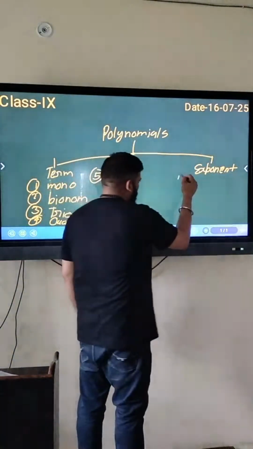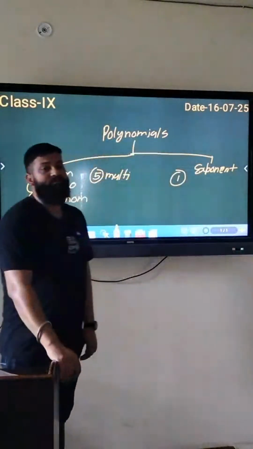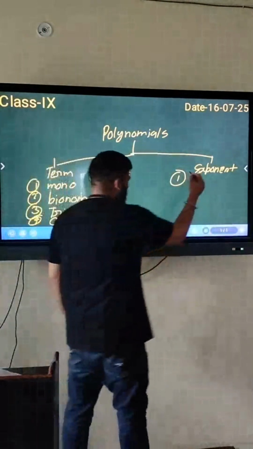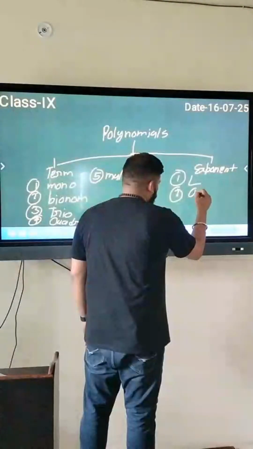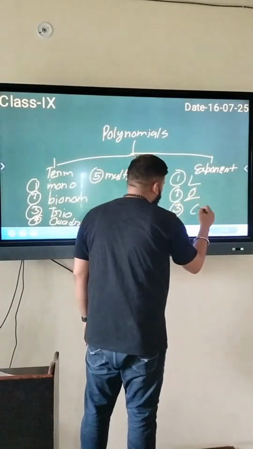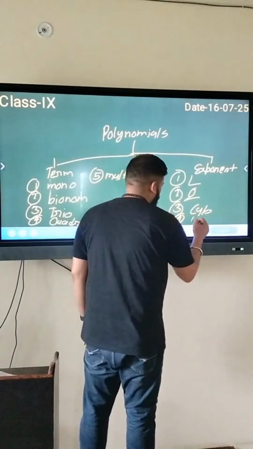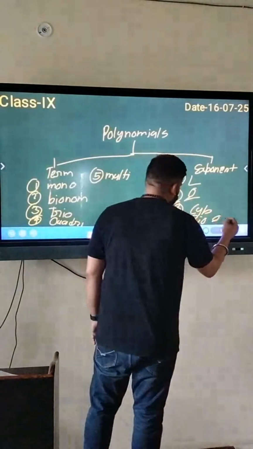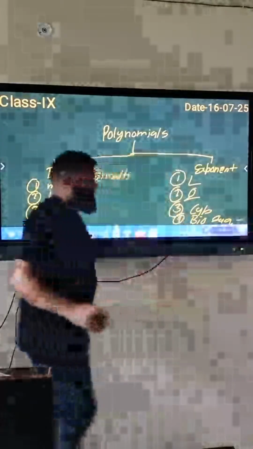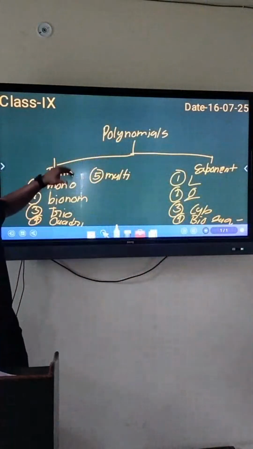Same as according to the exponent: first linear, second quadratic, third cubic and fourth biquadratic.